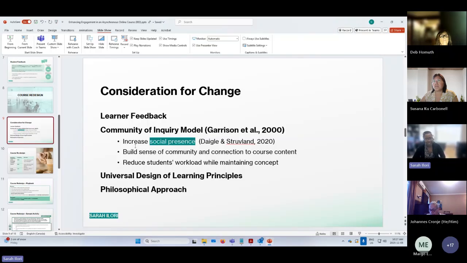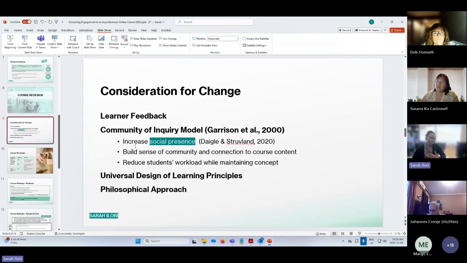The other thing I had to take into consideration was the UDL principle. So having multiple means of representation, multiple means of engagement for students as well, and multiple means of expression where they can express how they're learning. So the focus was really on the learning rather than the outcome at the end of the course.